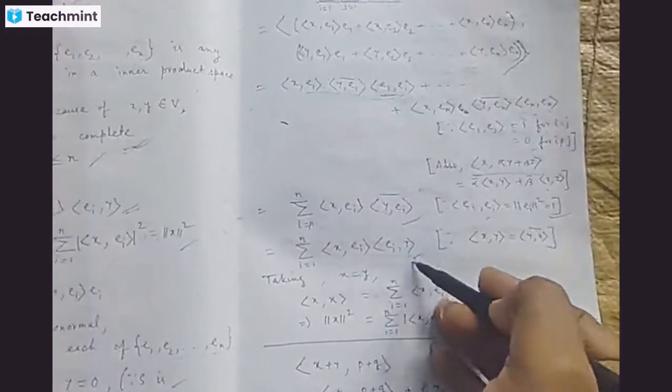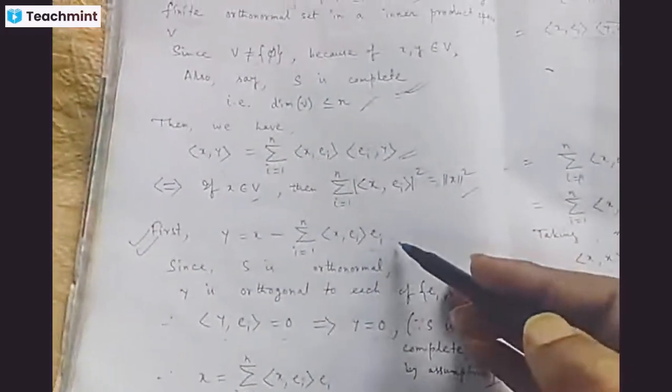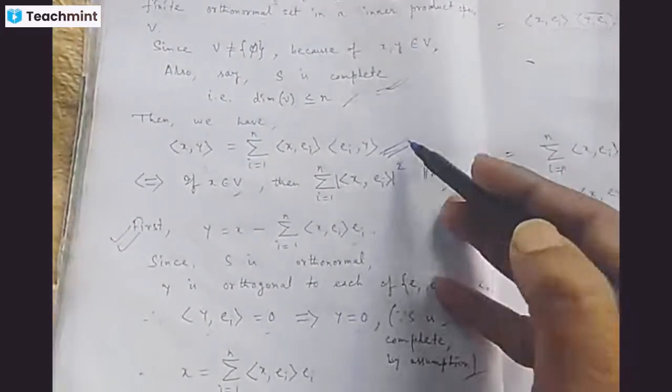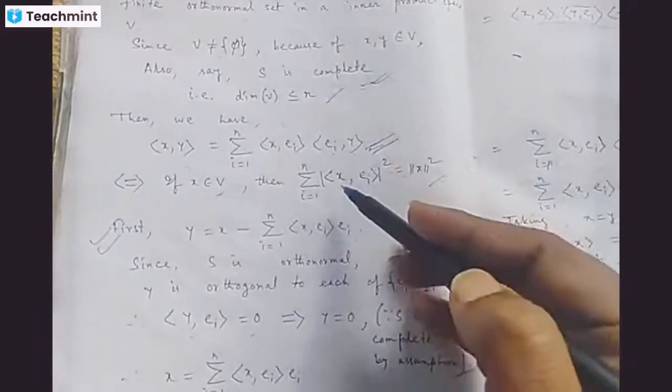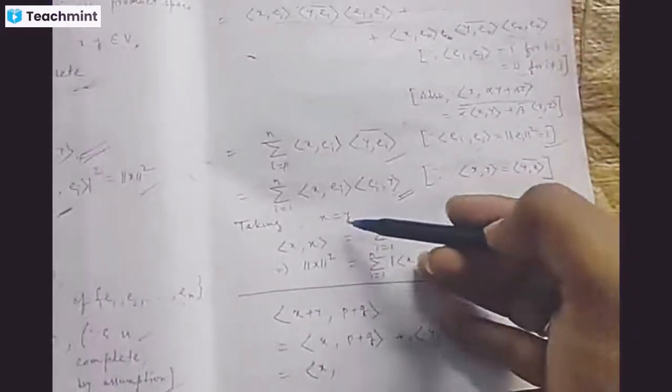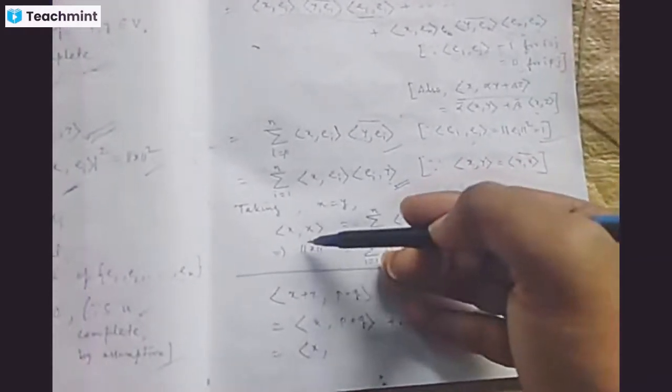So we have established the first equivalent relation. You can see that this is the relation we have established. Now from this relation we will establish this relation. Both are equivalent. So here if we take x equal to y, then in the above we will get the inner product of x and x equal to summation i equal to 1 to n of the inner product x e_i times the inner product e_i x.